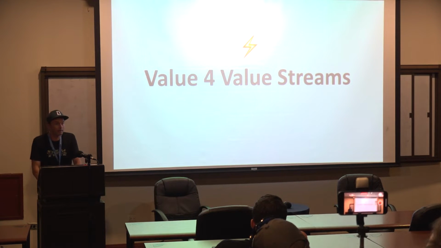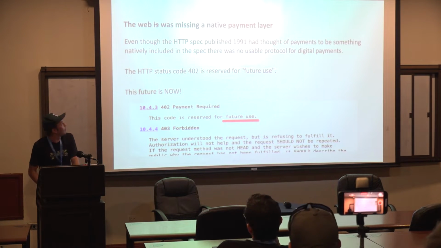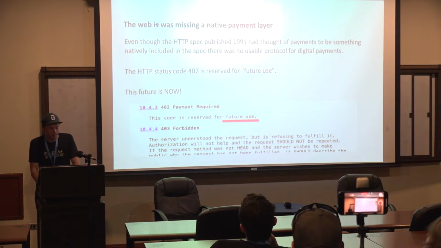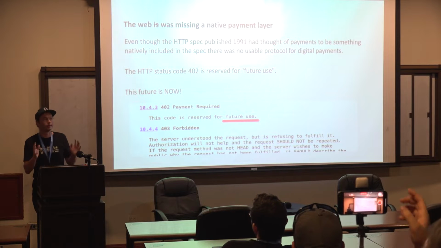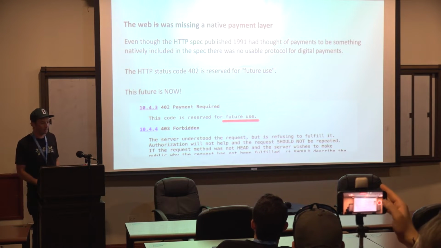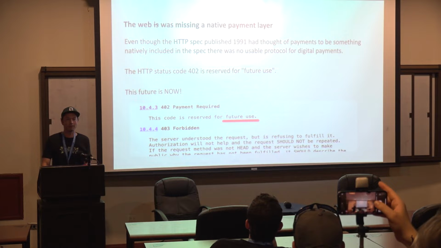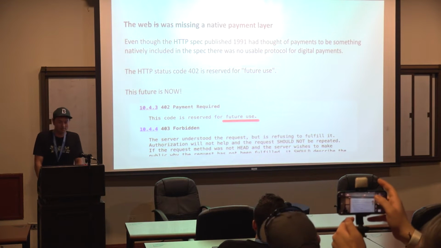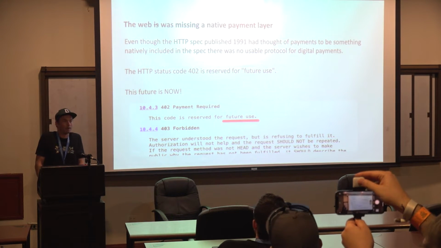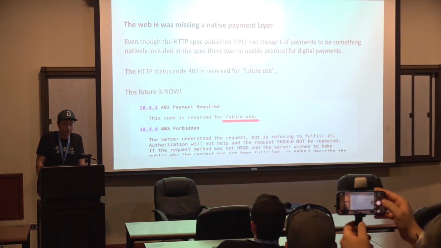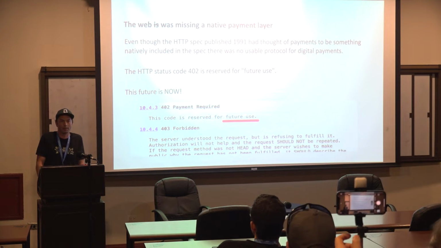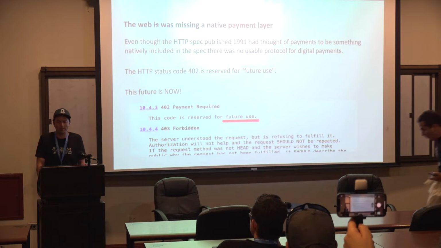But before we get to that, I would like to take a quick step back, which always helps to get the context. The web was always missing a native payment layer. We actually see that in the HTTP spec, which was initially published in 1991, I think.